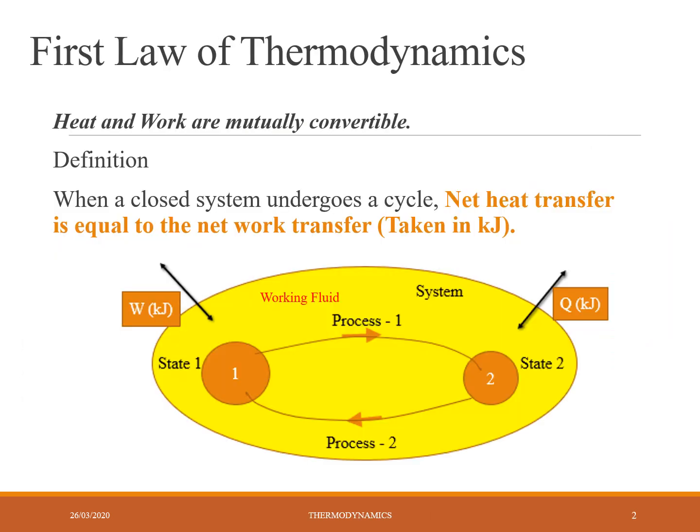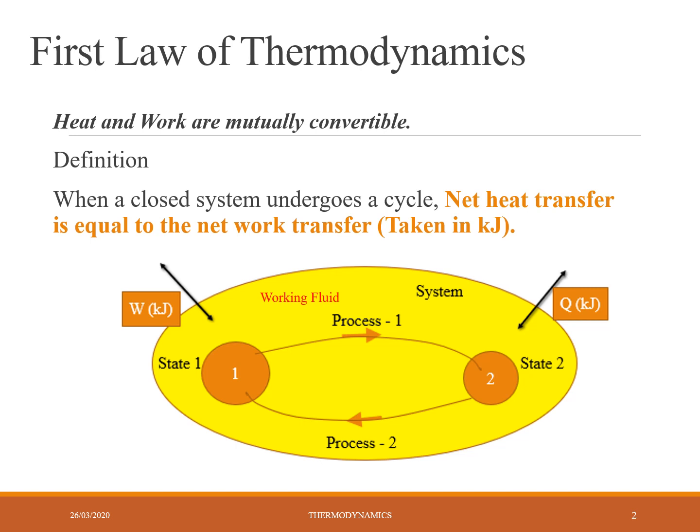First law of thermodynamics. Heat and work are mutually convertible, as we know from the first slide. That means work can be transferred into heat or heat can be transferred into work. Both are mutually convertible and transferable.